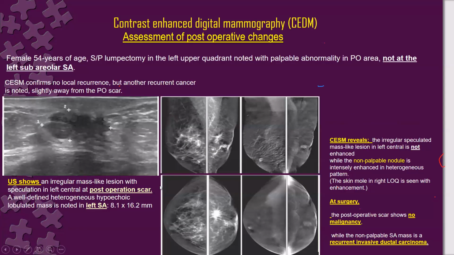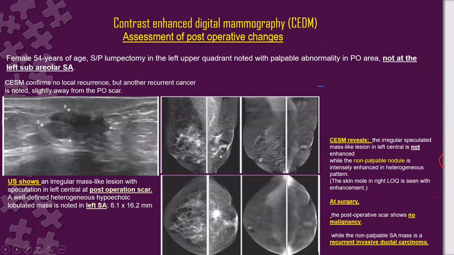Again, this is a lady having left breast cancer therapy, and at site of scar, this is a spiculated mass. And this is the ultrasound at site of scarring, the spiculated mass, but by doing contrast study, it revealed no enhancement at this site of this scar, but there is an incidental enhancing lesion in the upper region.